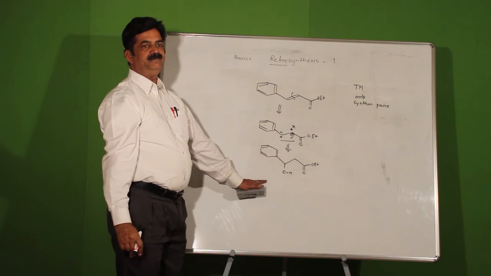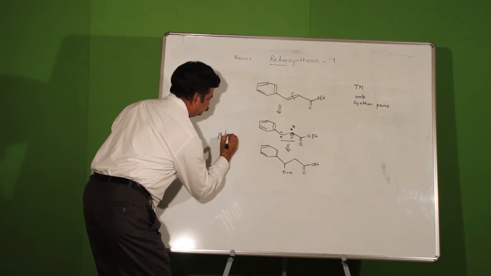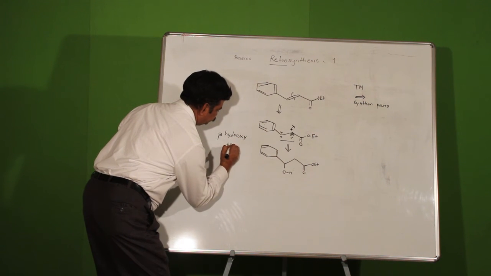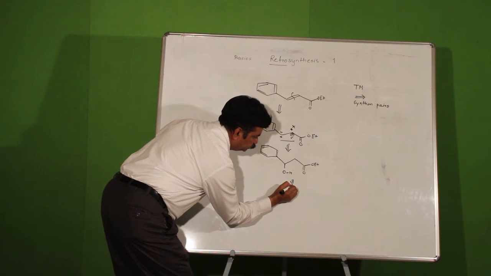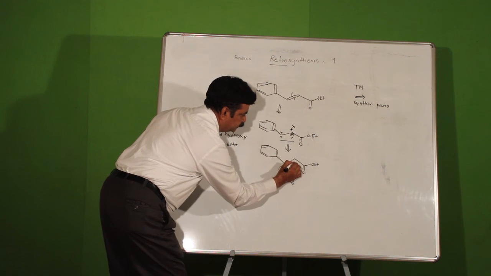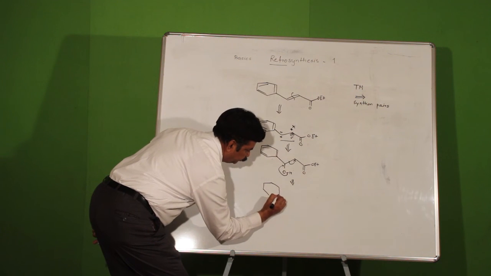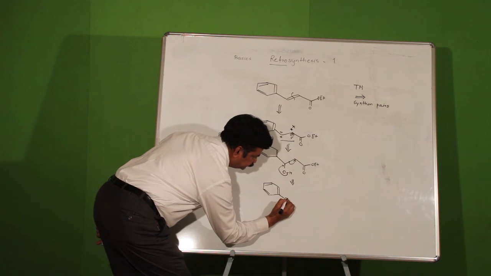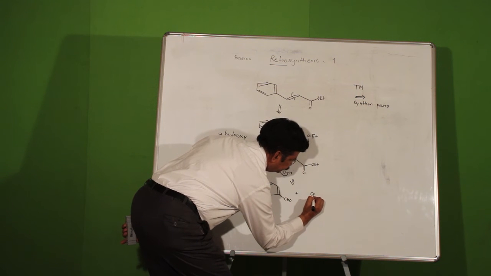So this one is a beta hydroxy ester. Now previously I have told you how to show the short form by concerted mechanism. So one of the starting compounds we are getting is benzaldehyde and the other one is CH2 minus.